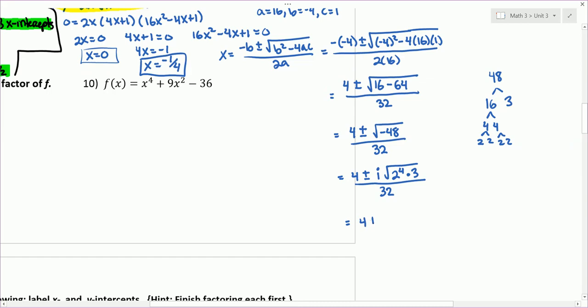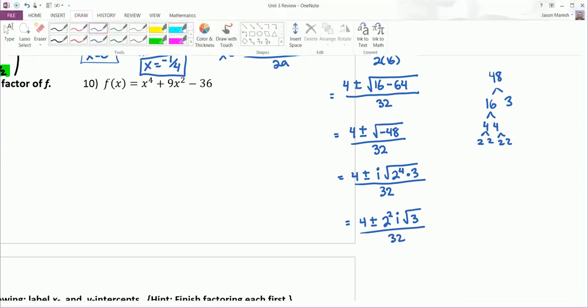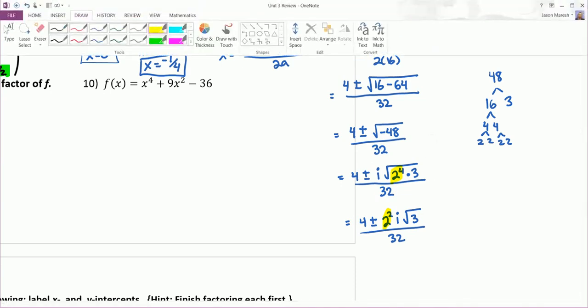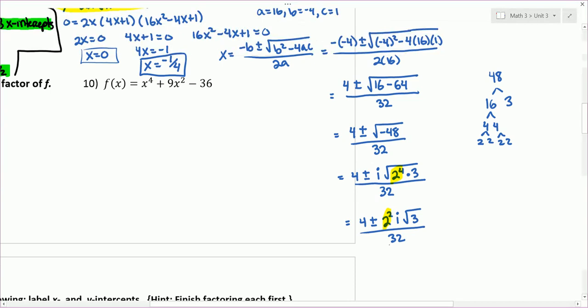So now we have 4 plus or minus 2 squared i square root of 3 over 32. The 2 squared came from the square root of 2 to the 4th. You end up cutting your exponent in half. That's 4 plus or minus 4i root 3 over 32.